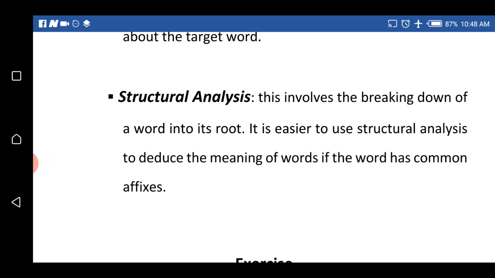The word you are to fix in there has to bear the same part of speech. If the word, for instance, is a verb, you must supply a verb also that must be able to carry the weight of that word you've been told to replace. So that's the case of structural analysis.